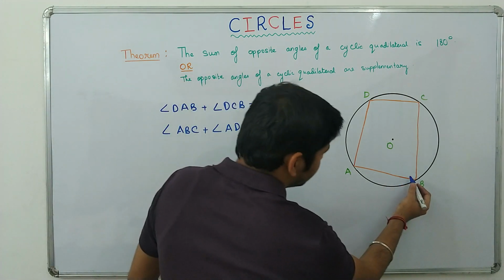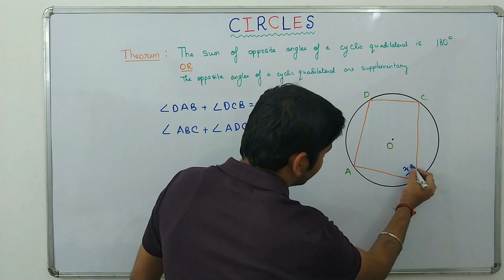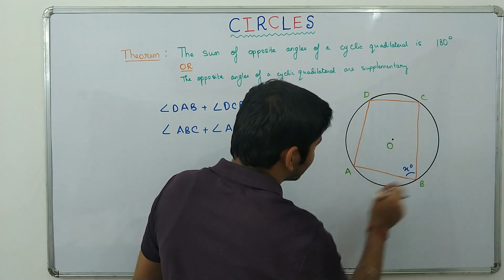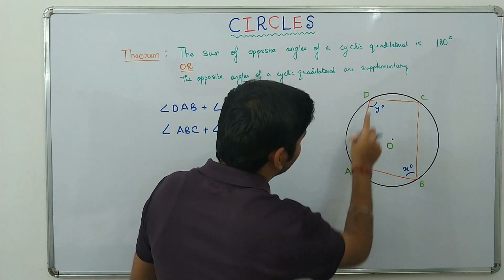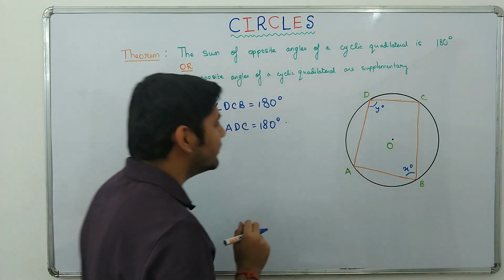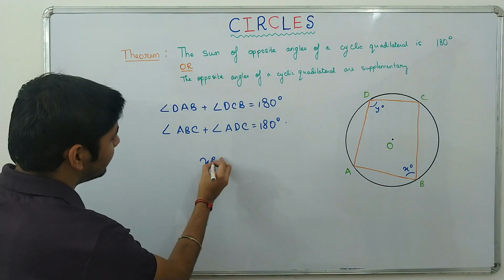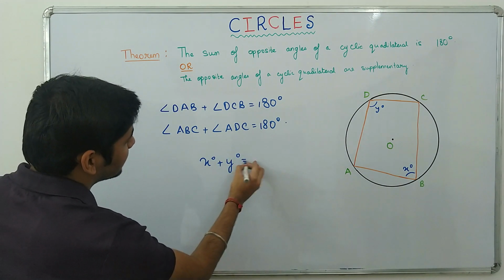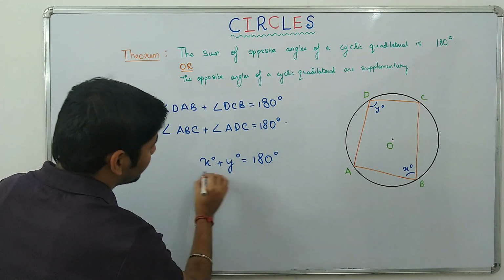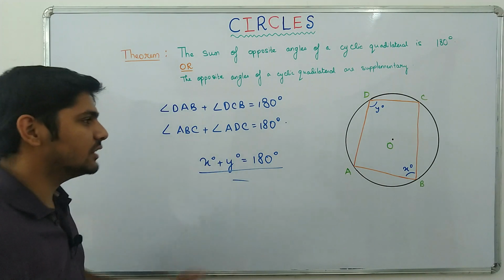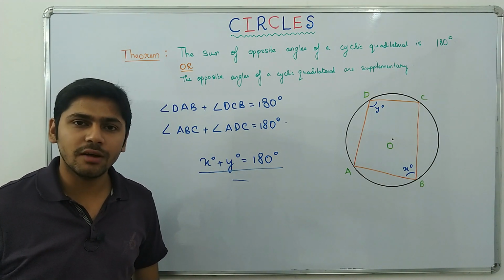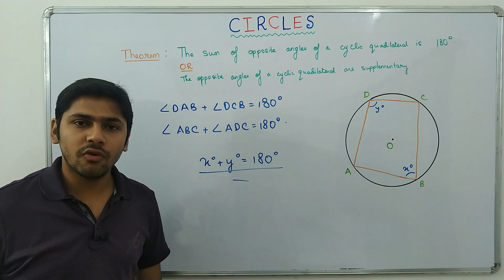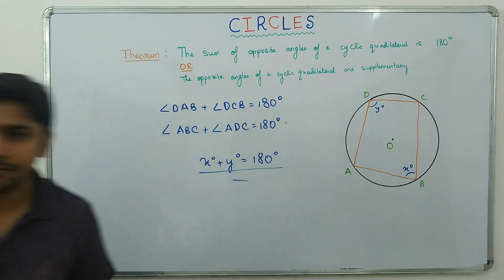Say this angle over here is x degrees, that means angle ABC is x degrees, and this angle over here is y degrees, that means angle ADC is y degrees. Then we will have x degrees plus y degrees is equal to 180 degrees. So this is what this theorem is trying to say. It is very simple yet very important, so understand this theorem properly. Now we will move on to the next theorem.